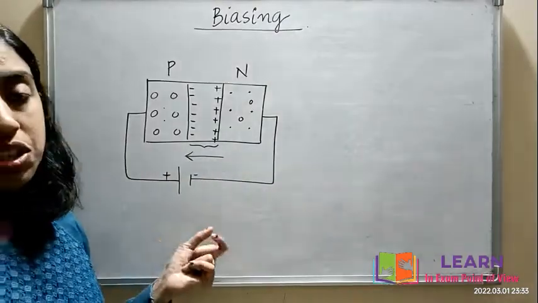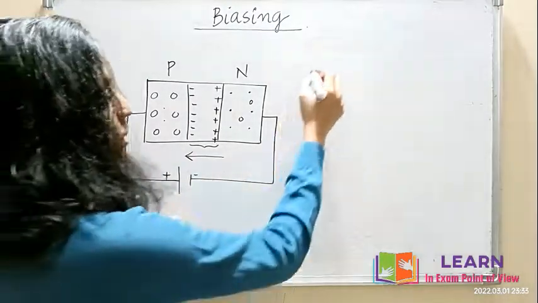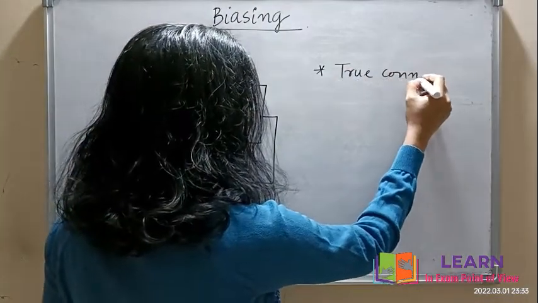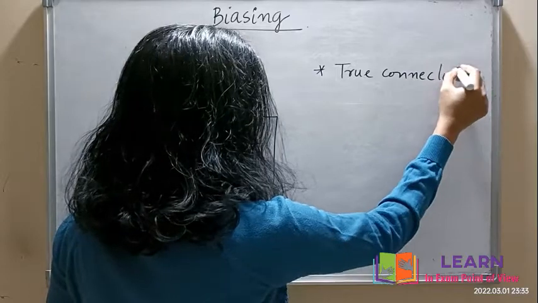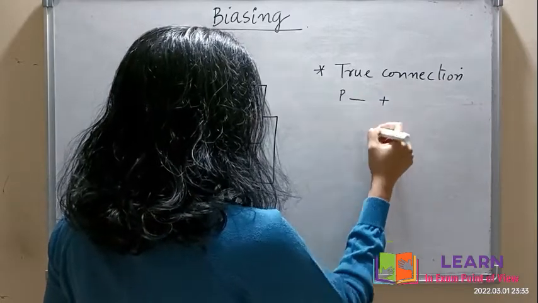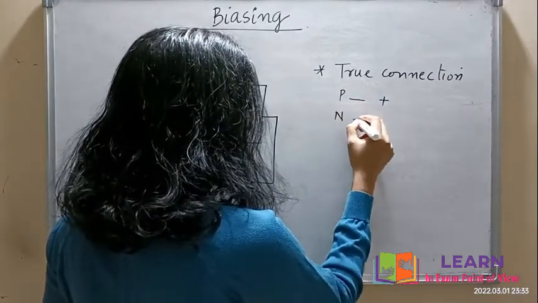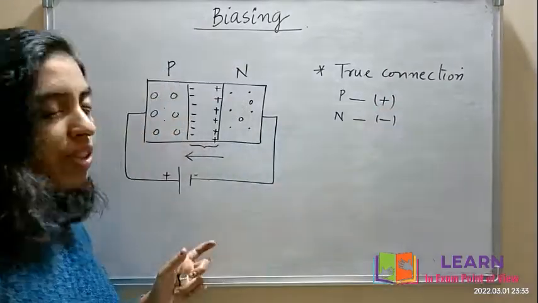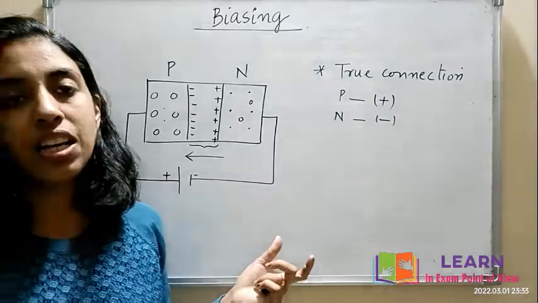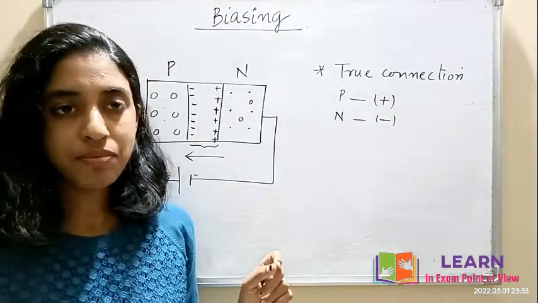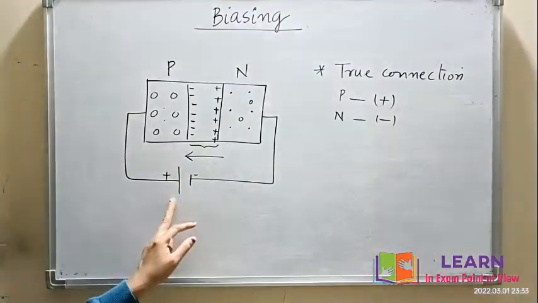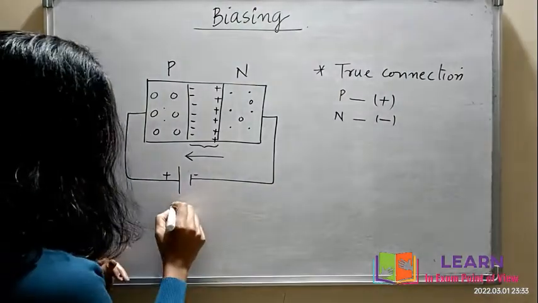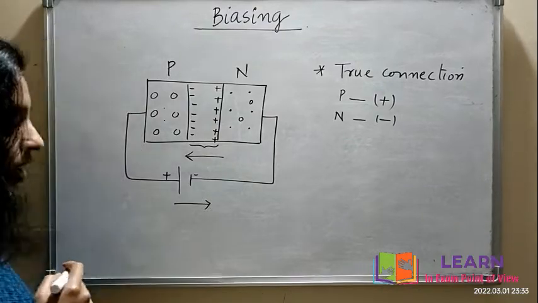Such a connection can be called a true connection, where P is connected to the plus terminal and N is connected to the negative terminal. If it is like that, we call it forward biasing. Now, here the external electric field also will be in the direction plus to minus, like this direction, right?